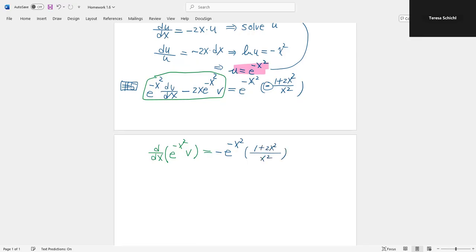Let me simplify this a little bit: negative e to the negative x squared times 1 over x squared plus 2.